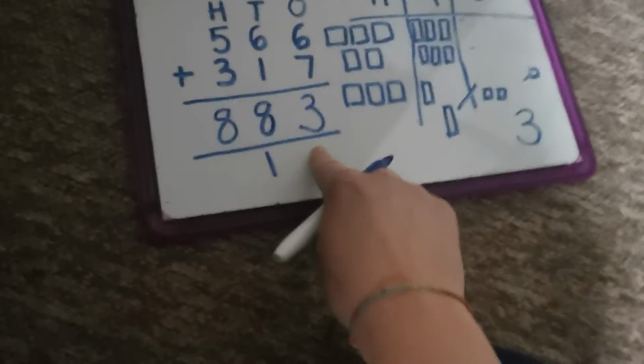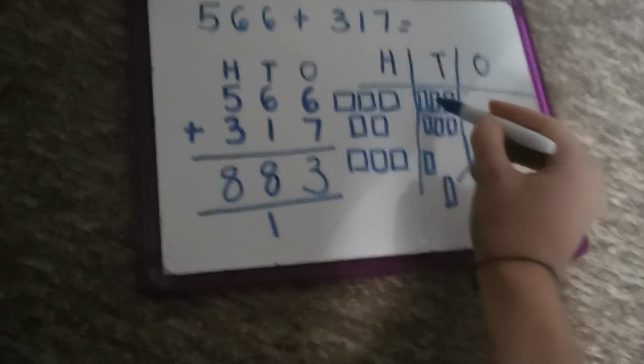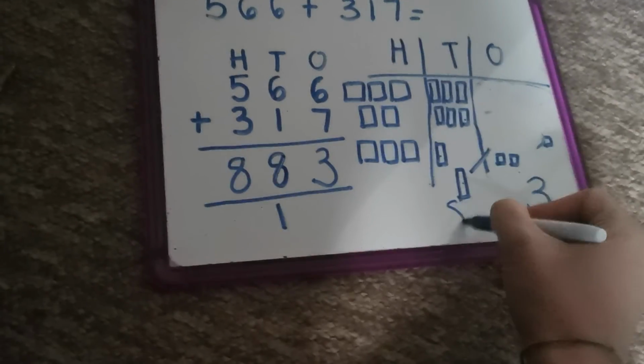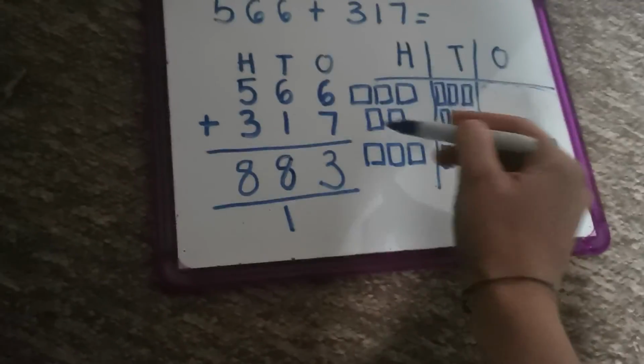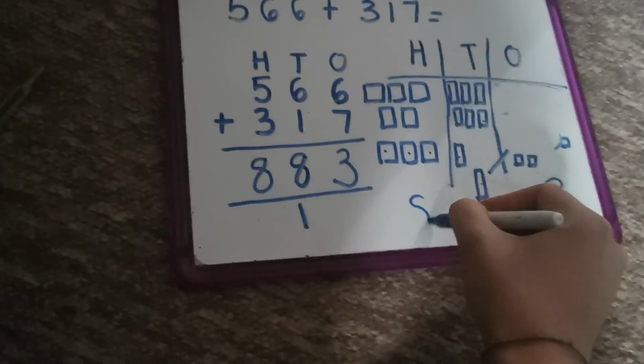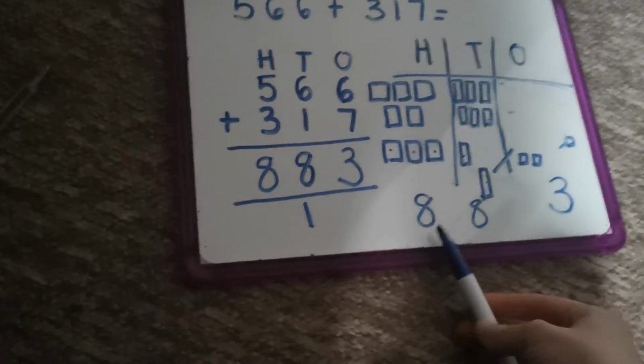And that's what we were left with over here. We had 3 ones here. Then I should have 1, 2, 3, 4, 5, 6, 7, 8 tens, which I do. And then I've got 5, 6, 7, 8 hundreds. I haven't got rid of any hundreds because I'm not subtracting, so they've all stayed the same. So I've got the same answer, 883.